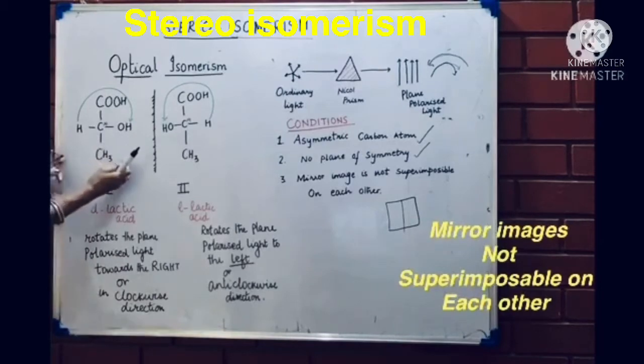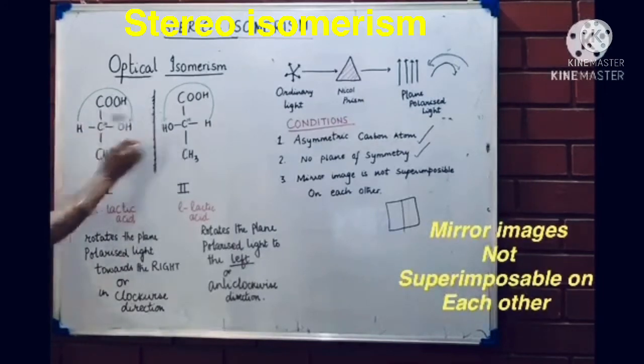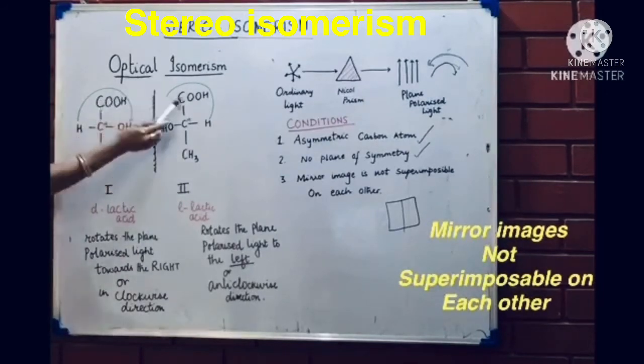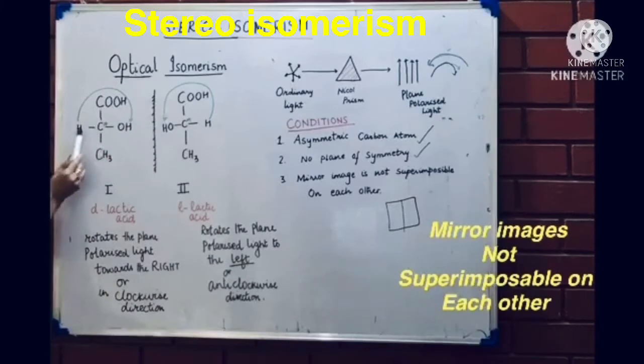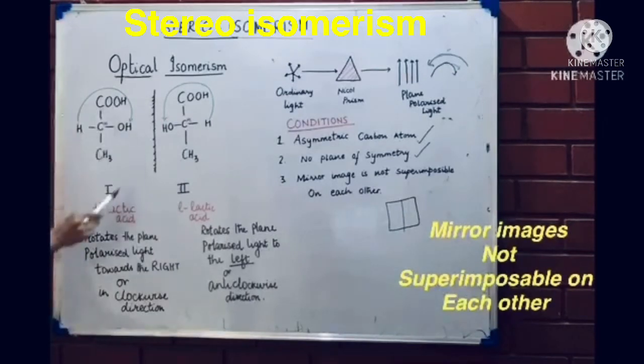If I lift this up and put it on the other, this is called superimposing. I mean, I am imposing this on this. So COOH will come on COOH, but H will come on OH, OH will come on H, and CH3 will come on CH3. That means the entire compound cannot be fitted on the other compound. So mirror images are not superimposable on each other.